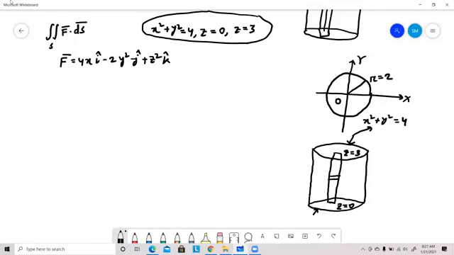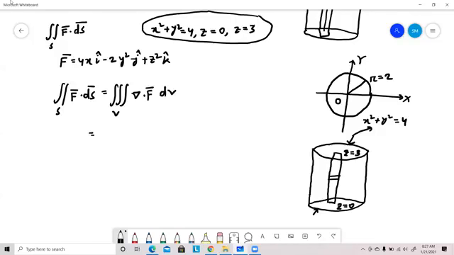So we have to use the divergence theorem, and we know the divergence theorem, which is this: the surface integral of f dot ds equal to the volume integral of divergence of f dv.